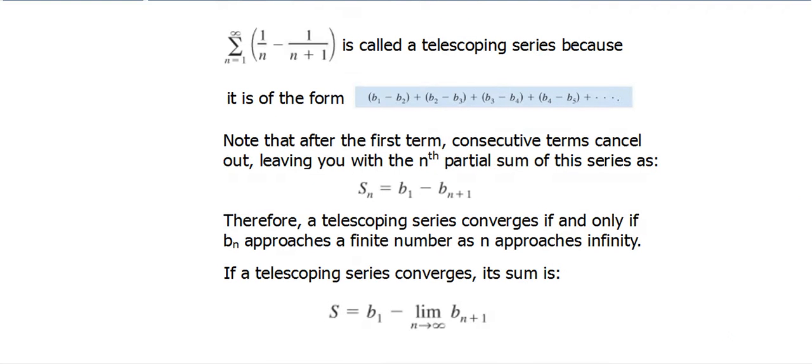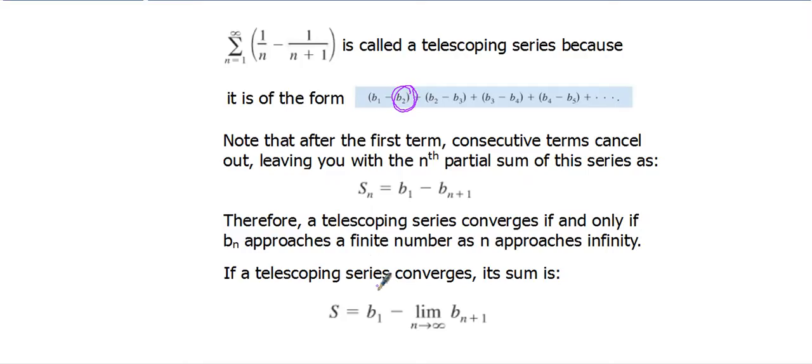Okay, so this brings us to one of our properties of telescoping series. A telescoping series will converge if the second part, the part that doesn't cancel out at the end, well, I mean, it cancels out in the middle, but the piece that would be left over at the end, if the limit of this as n approaches infinity is any finite number, then the telescoping series will converge.